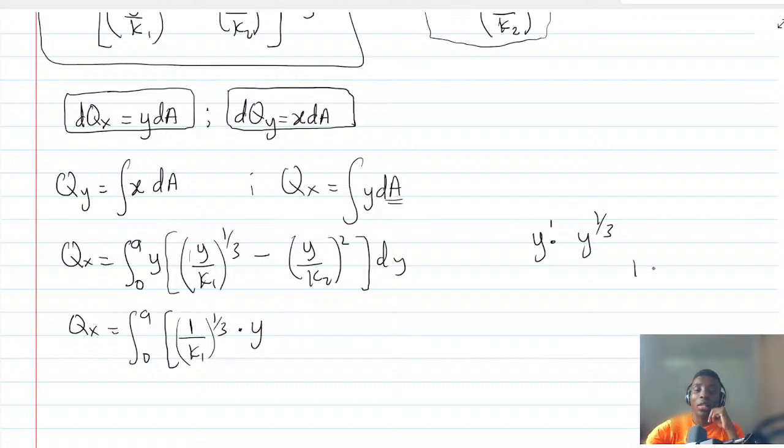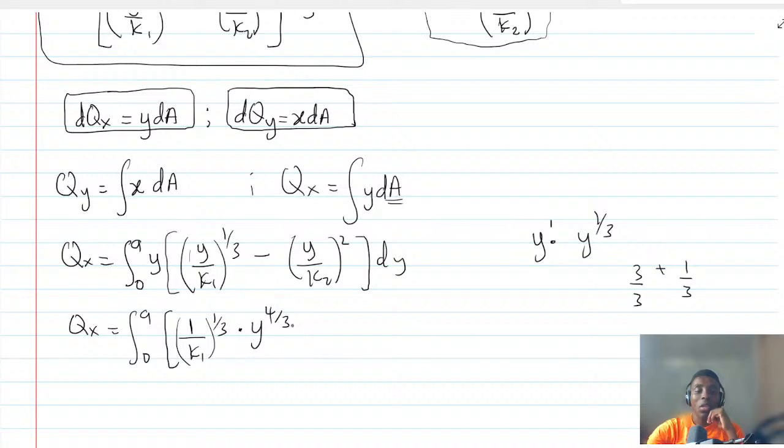So what is 1 plus 1 out of 3? 1 plus 1 out of 3 is the same as 3 out of 3 plus 1 out of 3. So here becomes 4 out of 3.